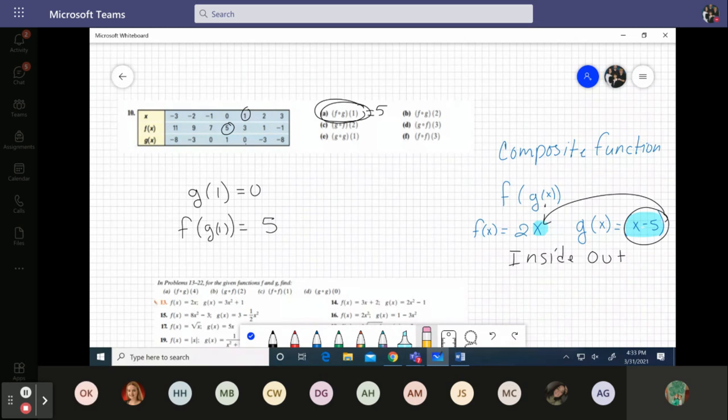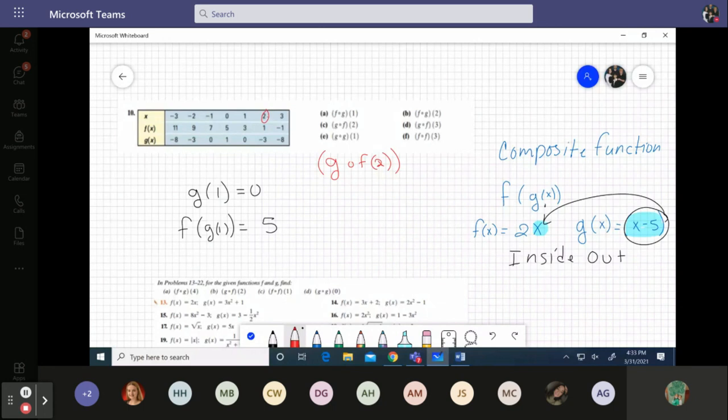All right, let's try. How about g of f of 2? So I need to know what is f of 2. X is 2.